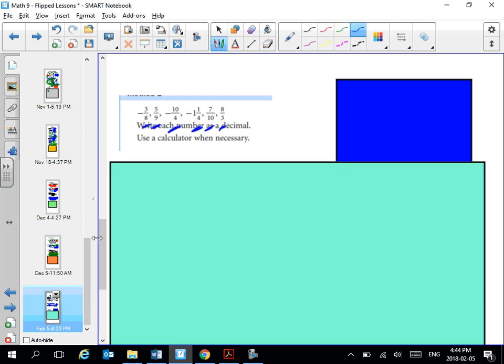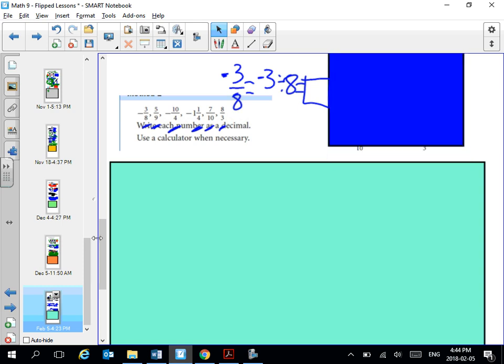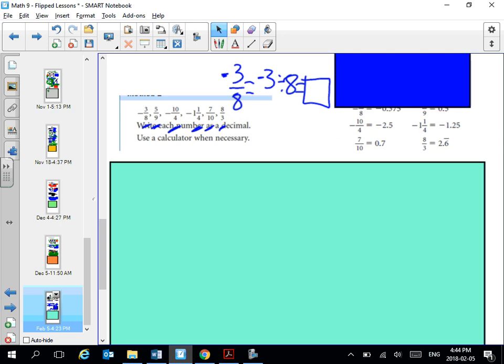It's very, very simple. You follow the instructions. If I have negative 3 over 8, all I punch in is negative 3 divided by 8, and I'm going to get a decimal number right there. Okay? So if I do that for all of these fractions, I actually get those numbers right there.